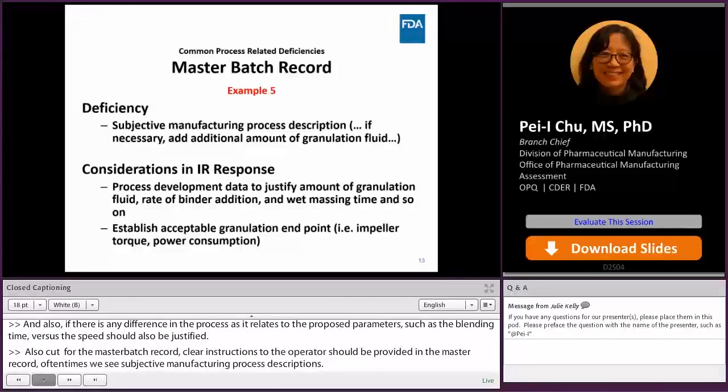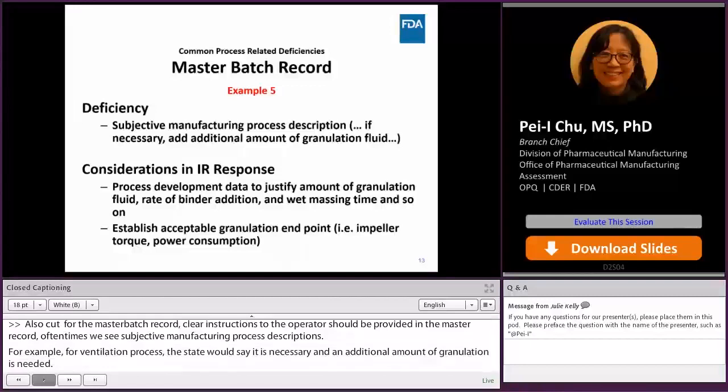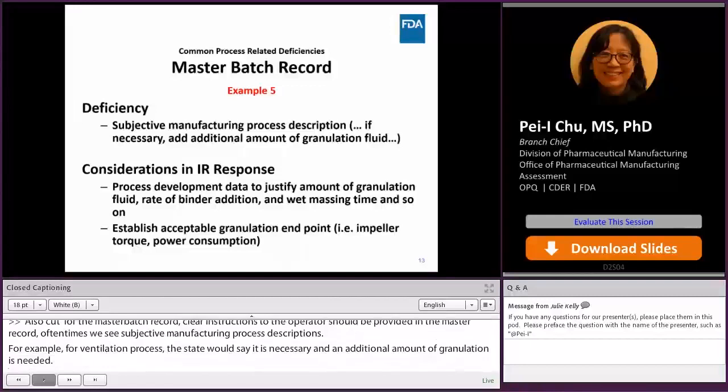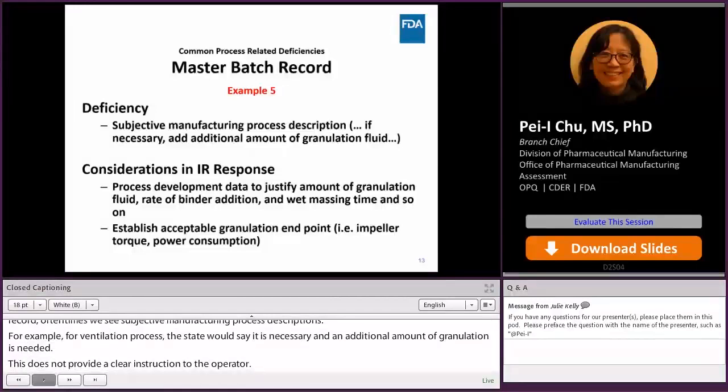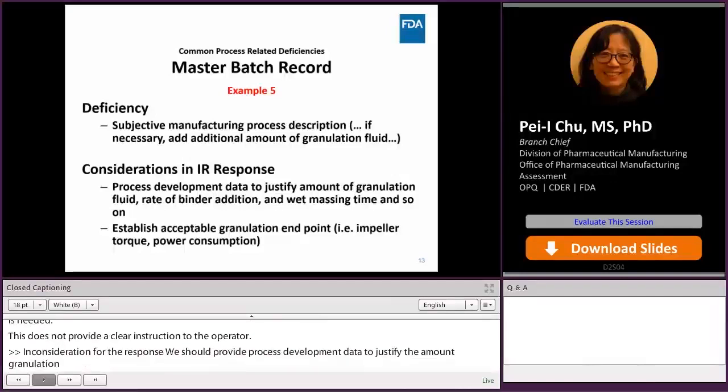This does not provide a clear instruction to the operator. So, in consideration for the IR response, you should provide process development data to justify the amount of granulation fluid, rate of binder addition, and wet massing time for this critical high shear granulation process.